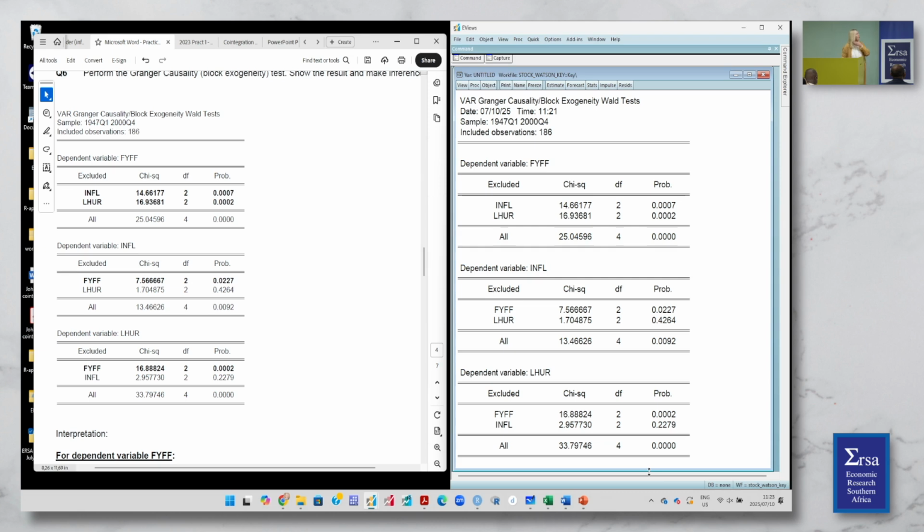Because sometimes, if you just do a test, you think climate change, rising temperatures, should affect productivity.